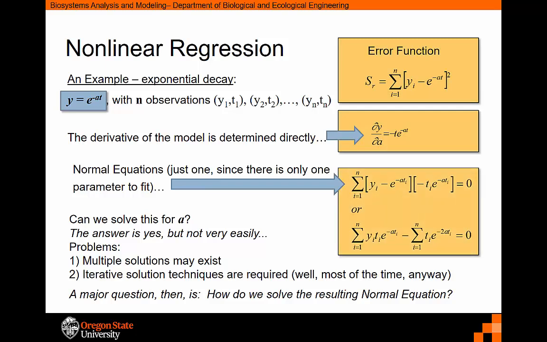However, this normal equation is nonlinear, and we can't directly solve for a. We'll need to develop an iterative approach for determining the value of a. Additionally, we need to be aware that because the normal equation is nonlinear, multiple solutions may exist for a, each of which represents a local minimum.